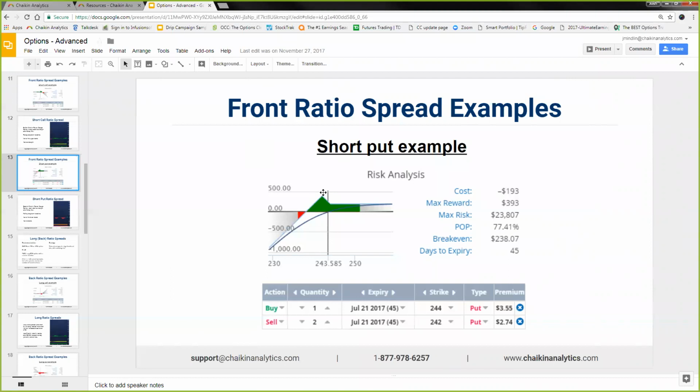So front ratio spreads are for smaller moves with higher probabilities of success, which means the back ratio spread, the person on the other side of this trade, has the exact opposite goals.